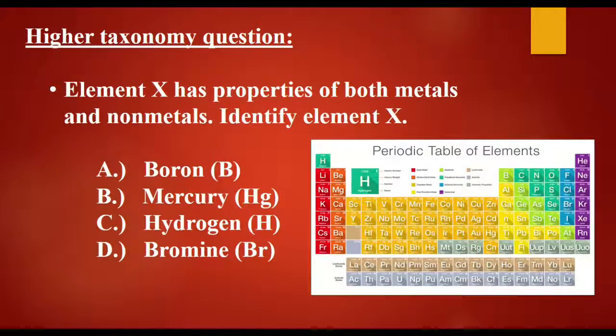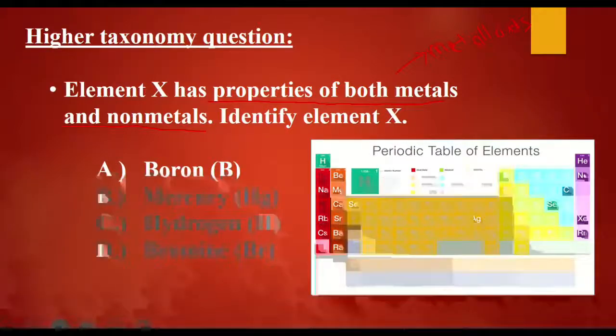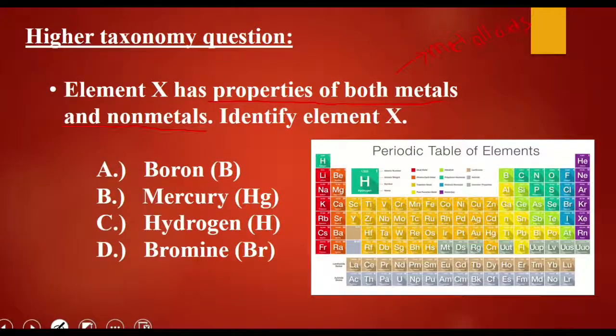To go over this question, it is important to note that when it says properties of both metals and nonmetals, you should right away think of what we described as metalloids. Metalloids are located along the staircase here.